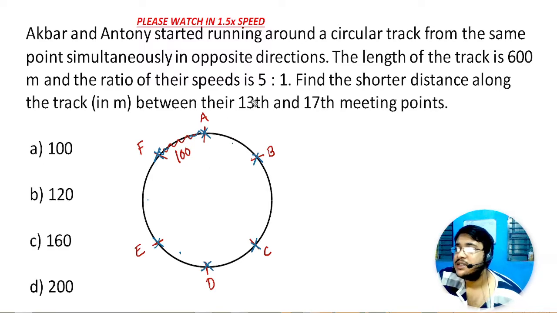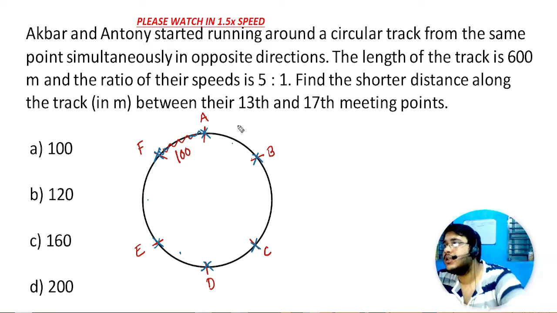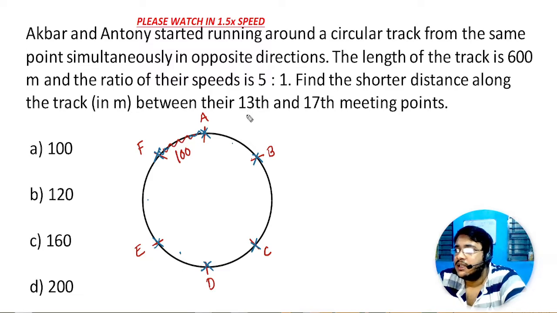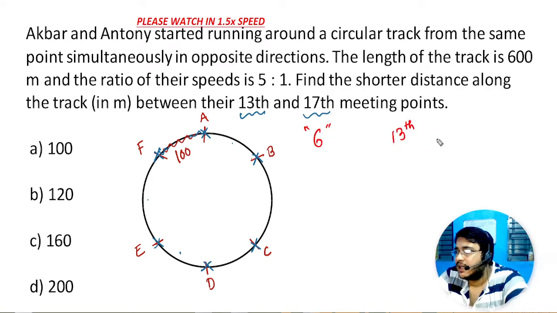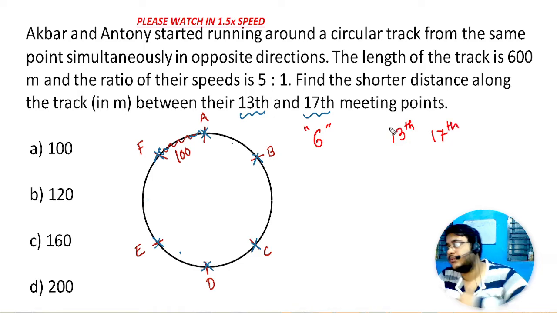Now the question says you have to find the shorter distance between the 13th meet and the 17th meet. What is the significance of this 13th and 17th? Let me make you understand by asking a simple question. What do the 6 distinct meeting points and the 13th and 17th meetings have in common?